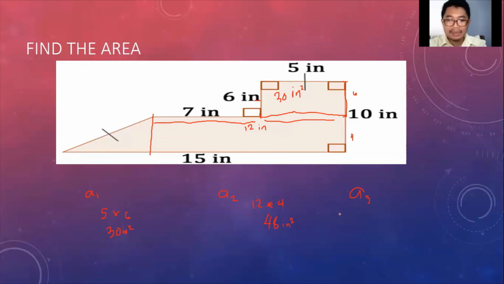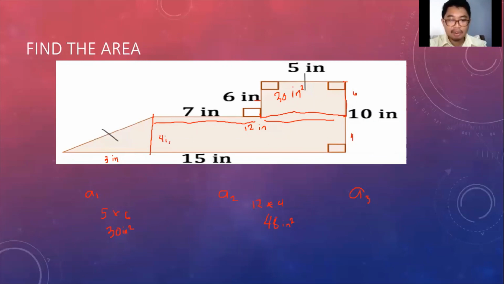Okay, so the next one, we have the triangle. For the triangle, we all know that this one is 12. So the remaining length here to make this one 15 is 3 inches. If this one is 3 inches, the height of this one is 4 inches.